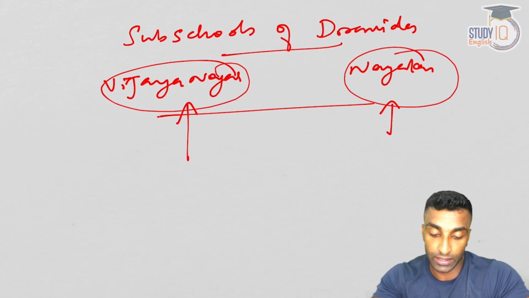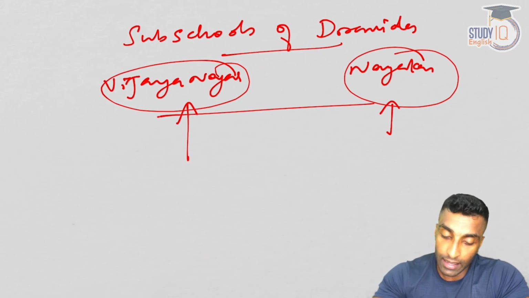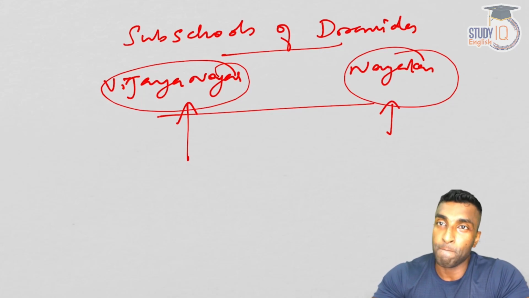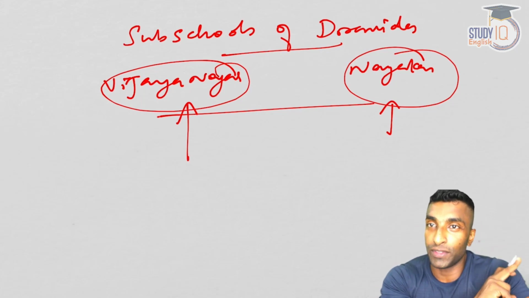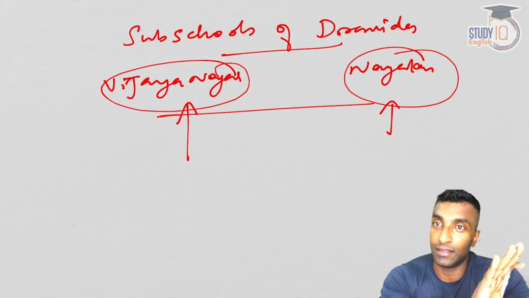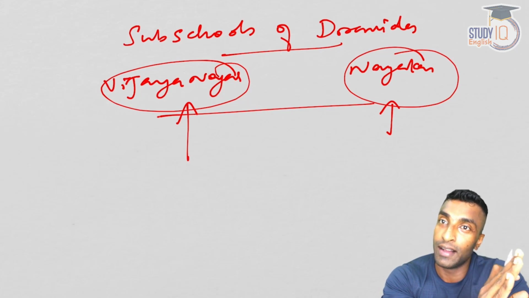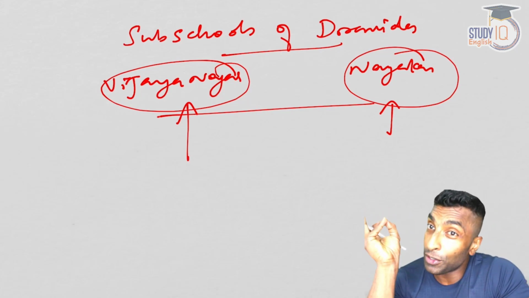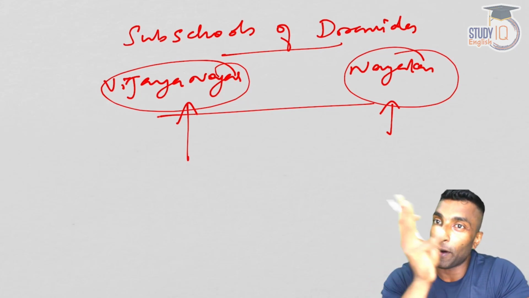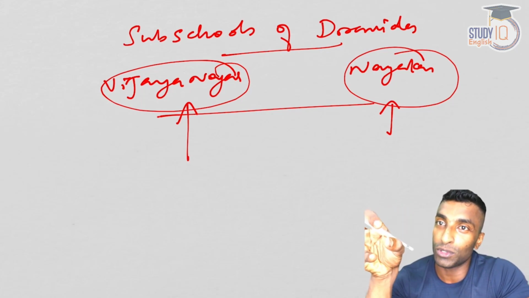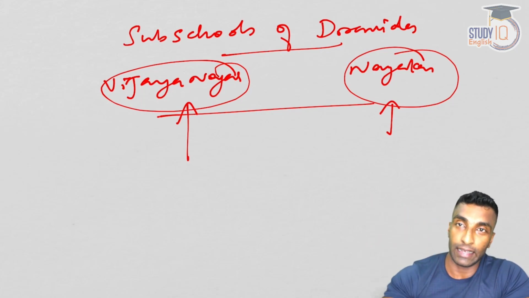Now the sub-schools, Vijayanagar and Nayaka style, I will be discussing along with the sub-schools of Nagara separately, because I want to cover those 5 together: Odisha, Chandela, Solanki, Vijayanagar, Nayaka. After that, I'll cover the 2 other forms that are left out, apart from North Indian and South Indian. That will be covered in the next session.